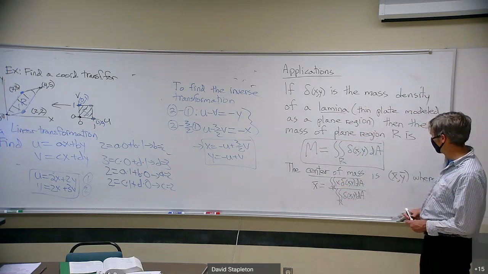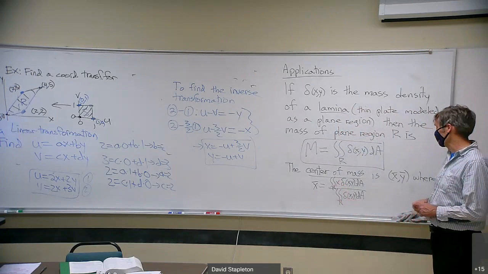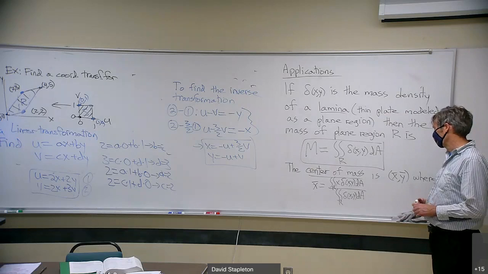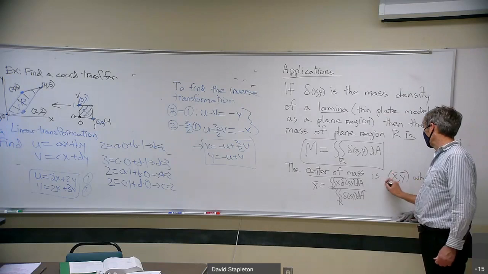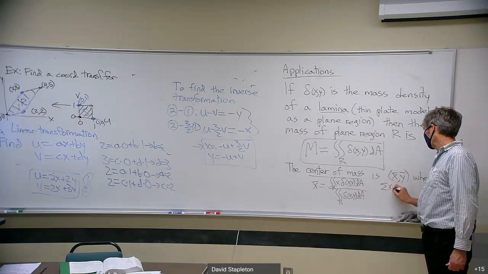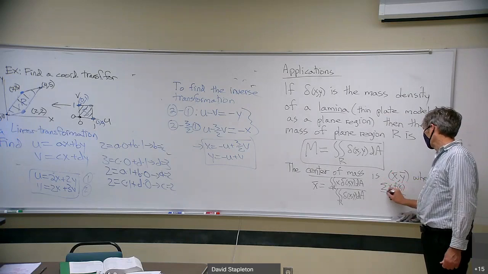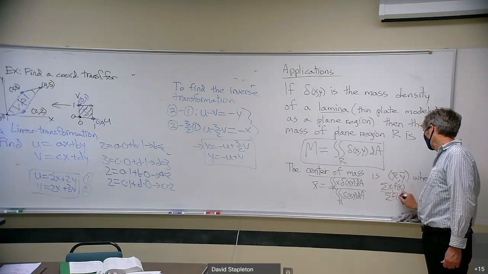What is that? From a statistical point of view, that's the average value of x. It's the limiting case of the sum of xi times the frequency of xi over the sum of the frequencies.